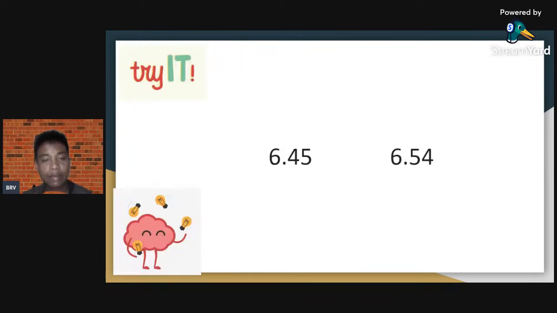So try it. Compare these two decimals. I will give you a minute. You may comment, suggest, or ask questions in the chat box in the live.